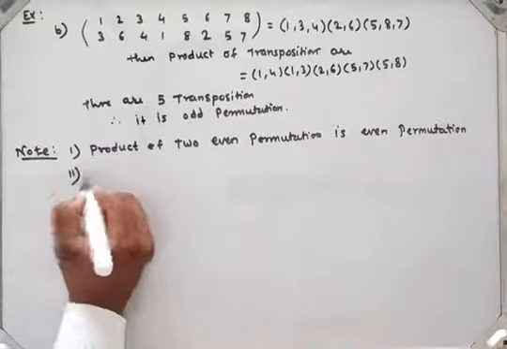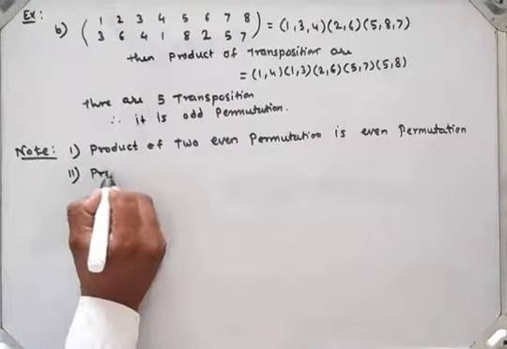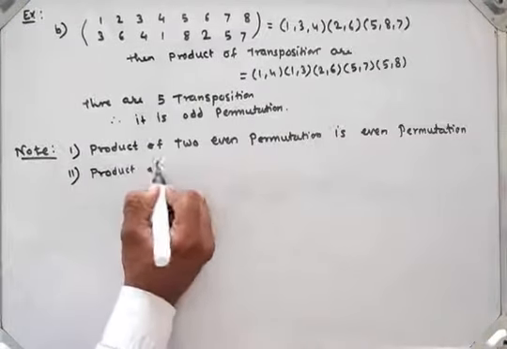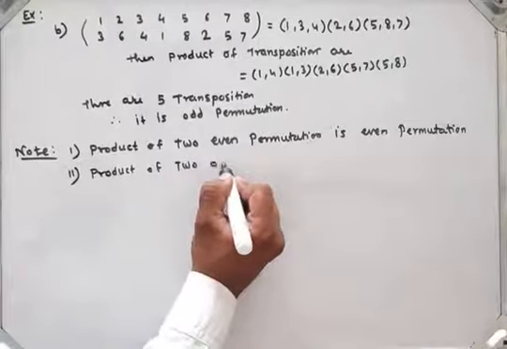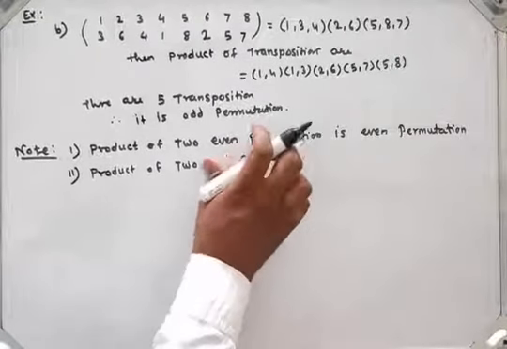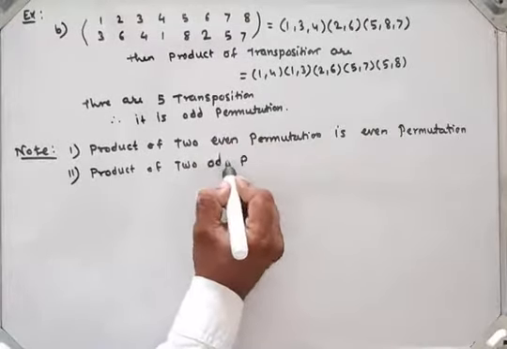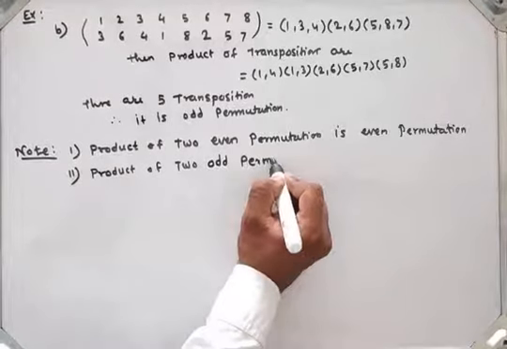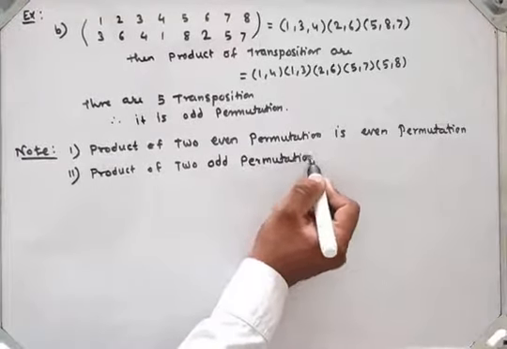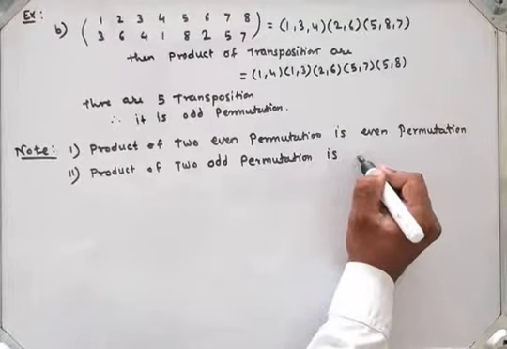Second, the product of two odd permutations is again an even permutation.